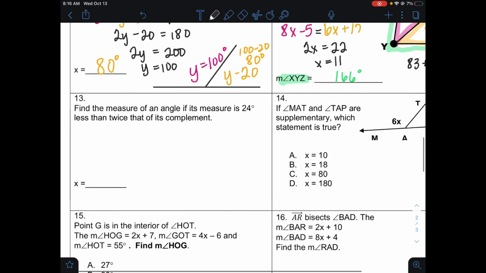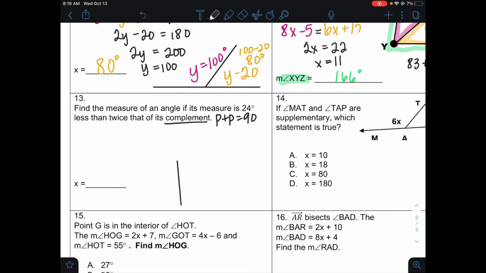All right, number 13. Find the measure of an angle if its measure is 24 degrees less than twice that of its complement. Oh, this one's complementary, sorry. So this one is part plus part equals 90.